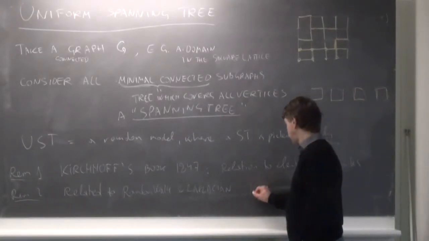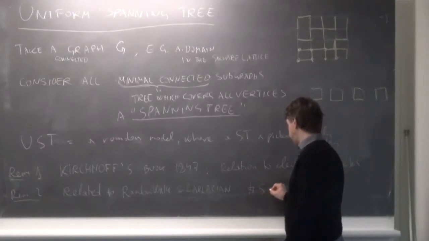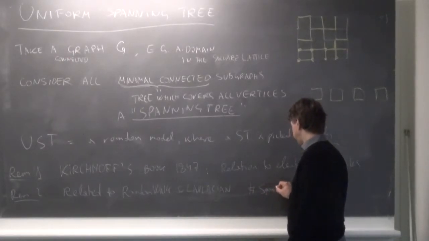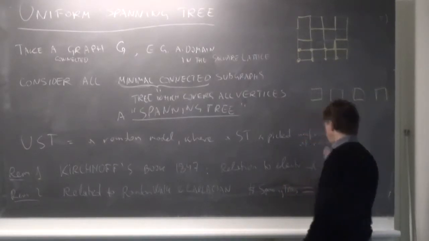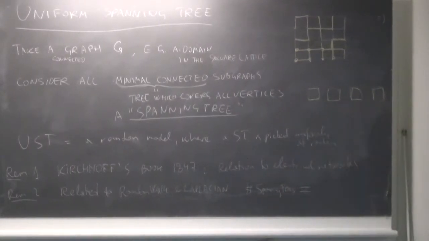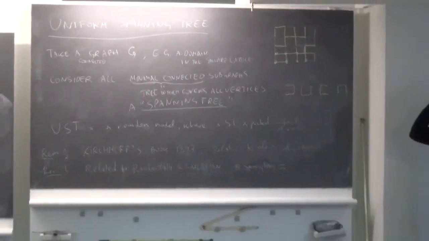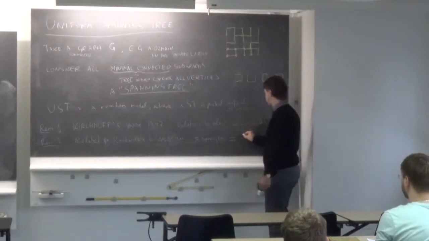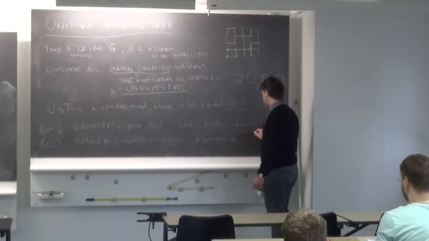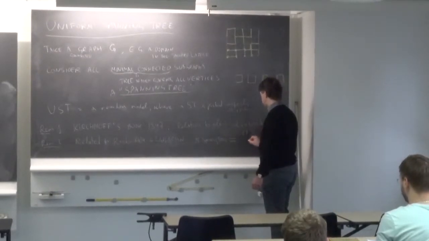The number of spanning trees on a graph is equal to, you take the discrete Laplacian on the graph, and you take the product of all its eigenvalues lambda_j.